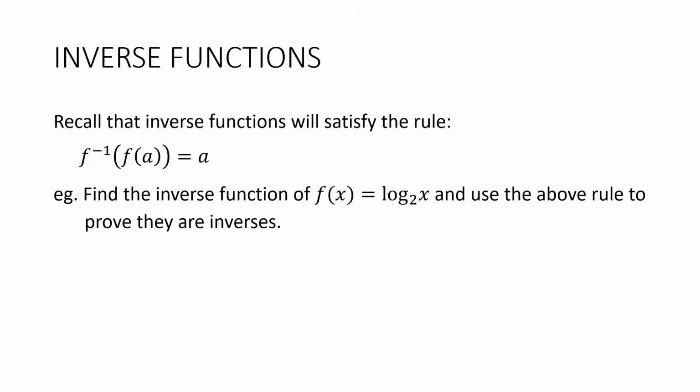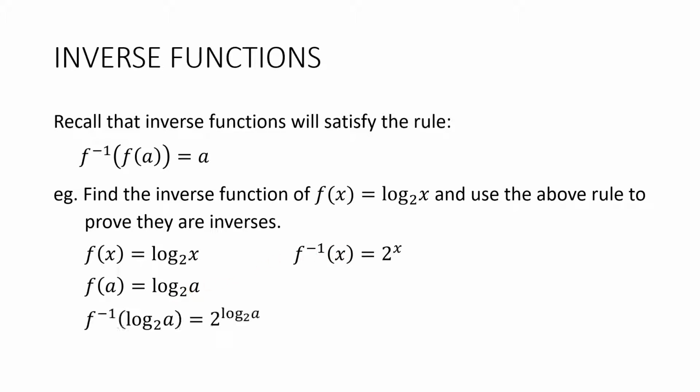All right, second bit, we now want to use the above rule to prove that they are inverses. So here's our two functions. F of x is equal to log base 2 of x. F to the negative 1 of x is equal to 2 to the x. I'm going to take a and substitute it in here, like that. Now I'm going to take the answer and substitute it in here.